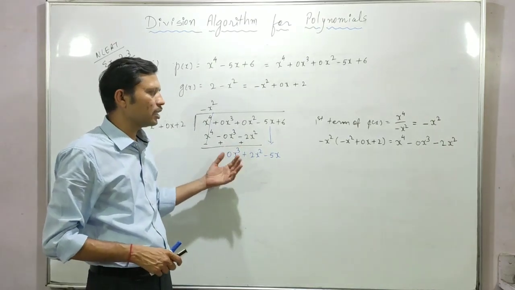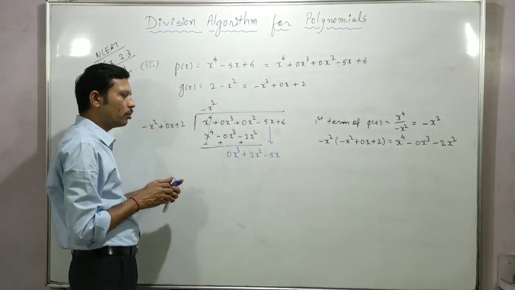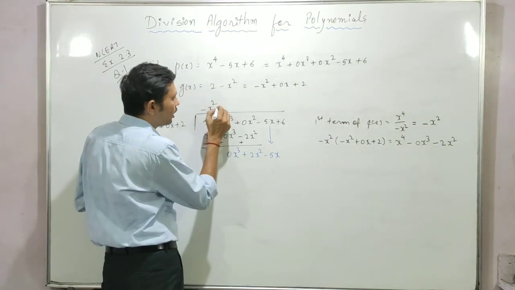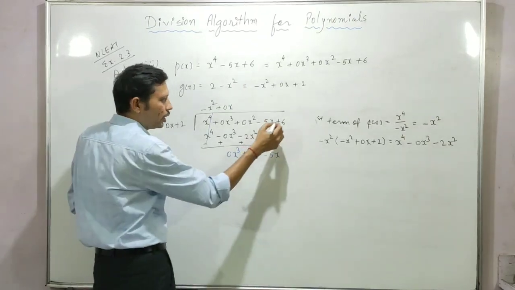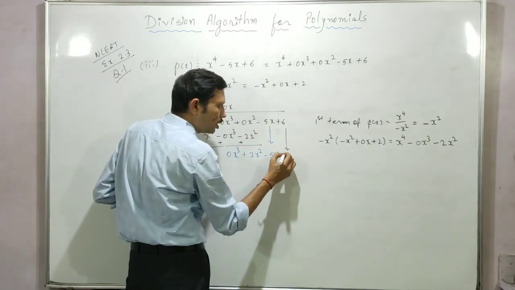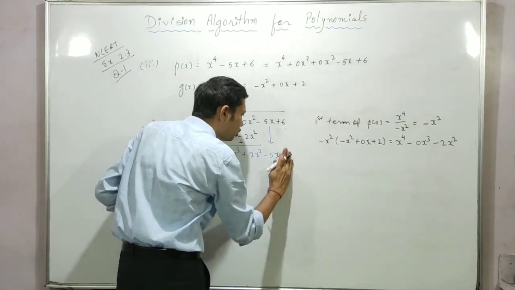So it doesn't make sense to write down the calculation right now. Okay, so no further calculation is possible. So we write down this one as 0x. Okay, and now we have to carry down the one term, that is plus 6. Okay, if you want to do the calculation, I will show you how it happens.